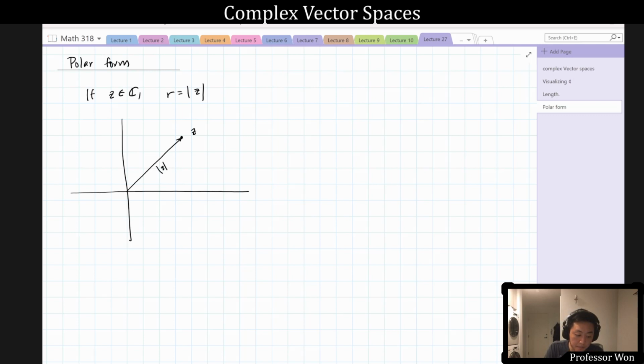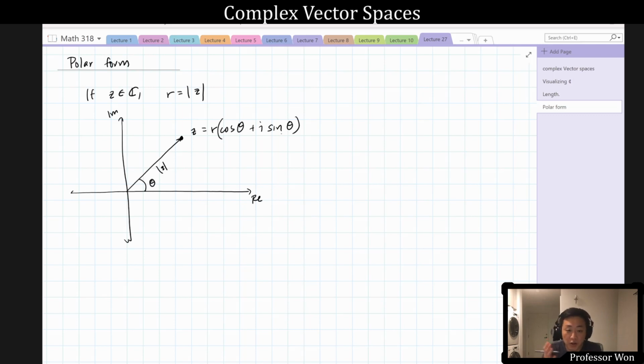The point is that you can think of this point here in terms of the angle theta it makes with the real axis here, times the radius, the length, right? So you can think of this as r cosine theta plus i, let's put the r on the outside, i sine theta.